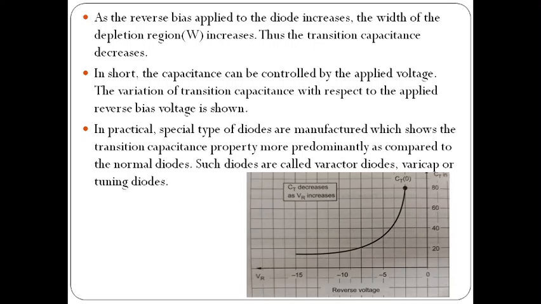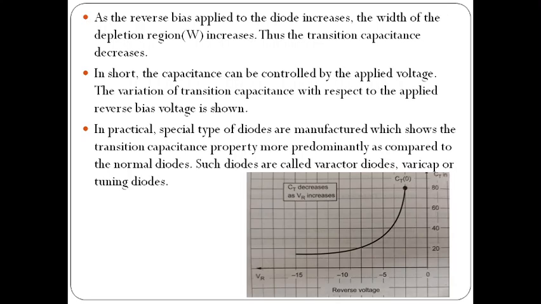So this depletion region width is inversely proportional to the transition capacitance CT. When the reverse bias voltage increases, the depletion region width increases, then the transition capacitance decreases.